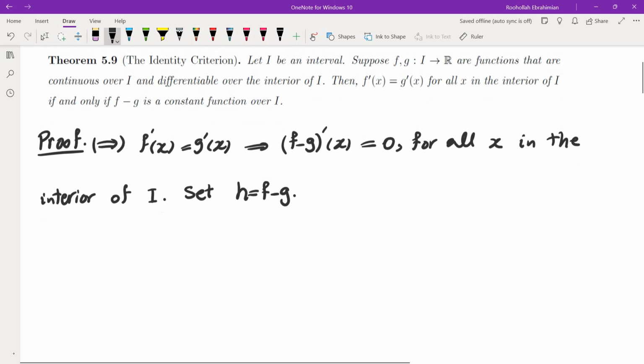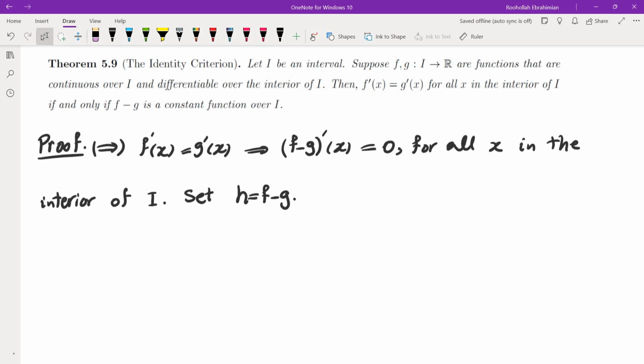In order to show this function is a constant, I would have to show for any two points in the interval, the values at the two points are the same.